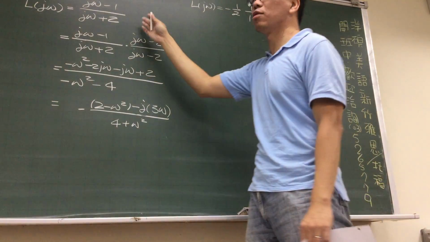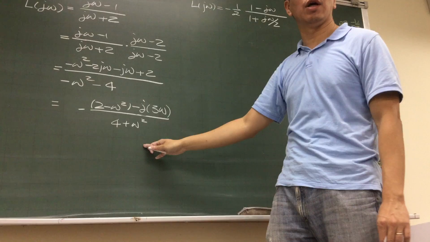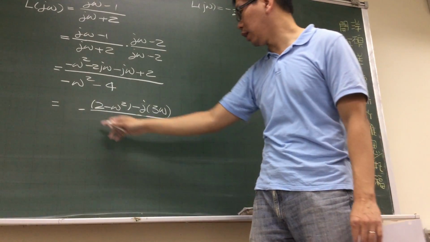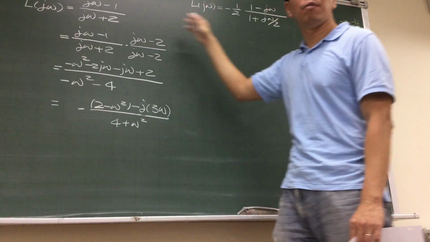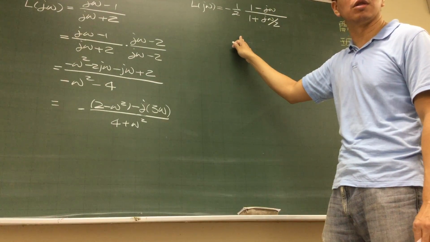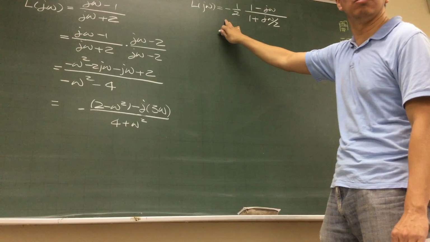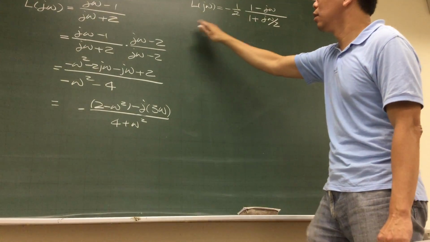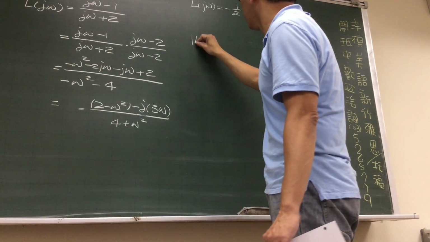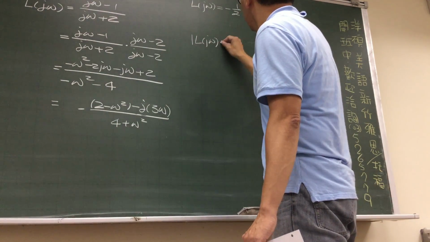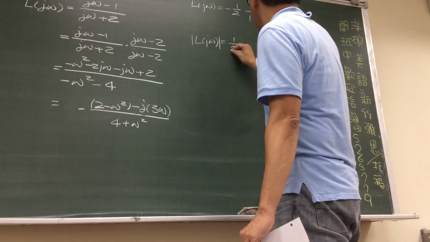So when I do the analysis, this is a typical way we can do it, taking the real part and the imaginary part out of the equation from the beginning. But if we follow the method we use for the Bode plot, this is the magnitude. Those two are actually the same thing. So if we take the magnitude, it is going to be 1/2.